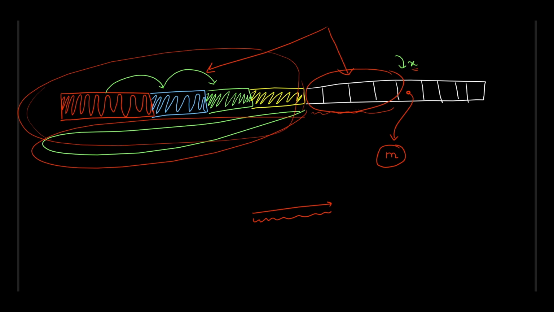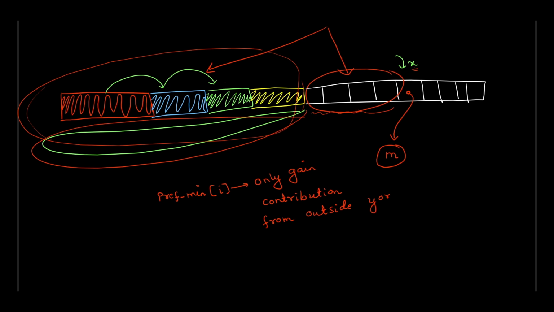So the key idea is this: if you select prefix minima of i, you will only gain contribution from outside your block, from outside your block.